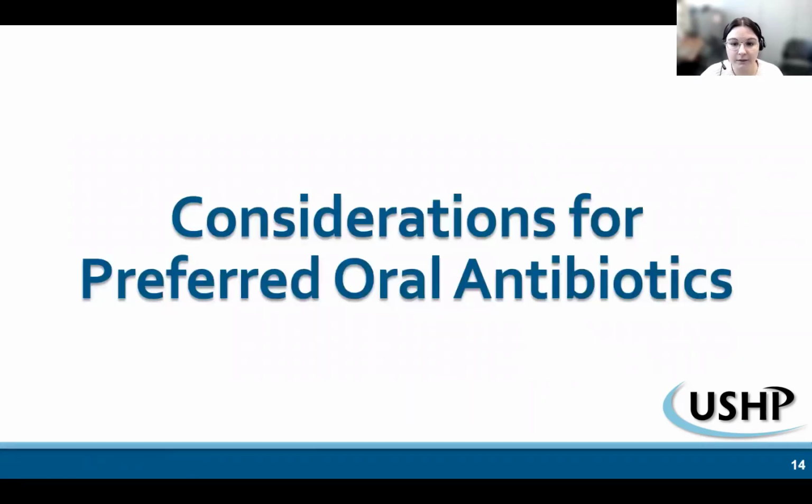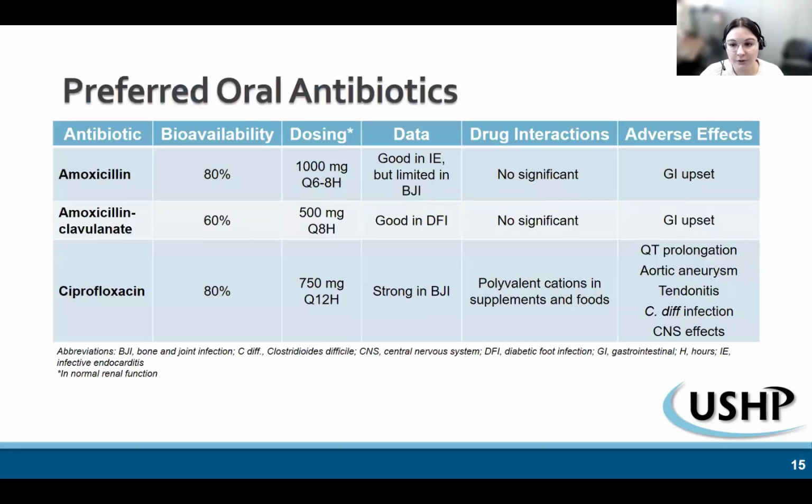Now I'll be discussing some considerations for some of the preferred oral antibiotics that you'll commonly see throughout this presentation. This is not an all-inclusive list. First, let's go through some characteristics of some of the preferred oral antibiotics used in treating invasive infections. We have amoxicillin and amoxicillin clavulanate, which have moderate bioavailabilities.